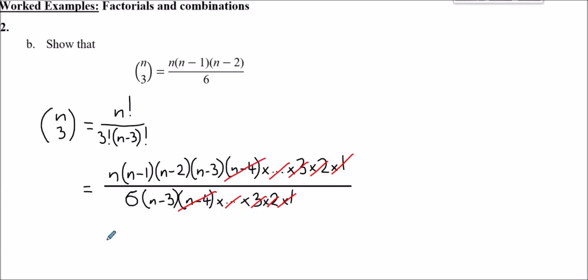And so the only thing we're going to be left with, once we cancel the n minus 3 as well, of course, almost missed that, that would be foolish, is n times n minus 1 times n minus 2 over 6, which is precisely what we wanted to prove all along anyway. And so that's this question sorted.